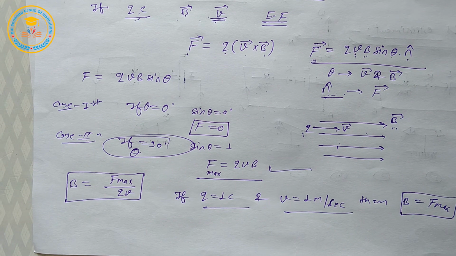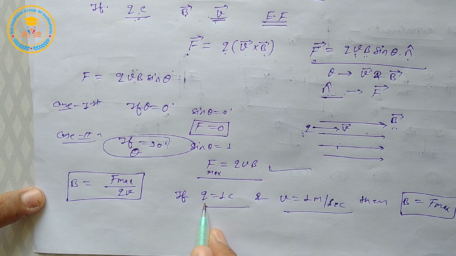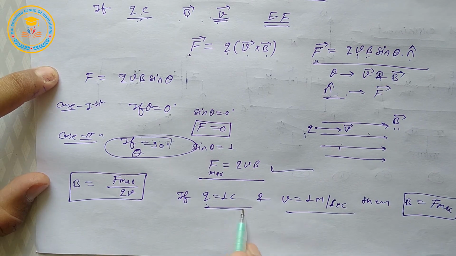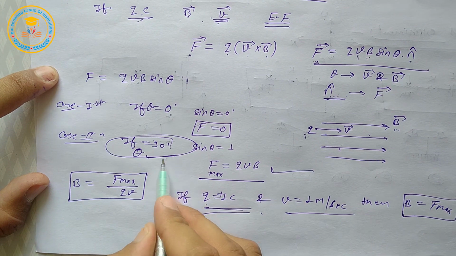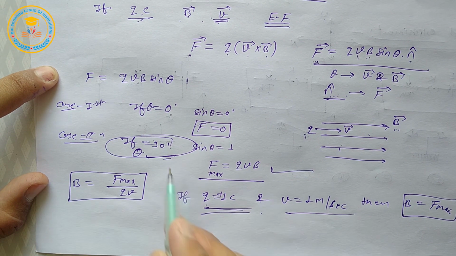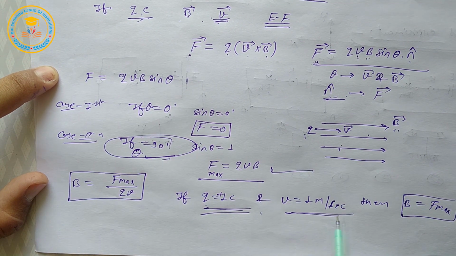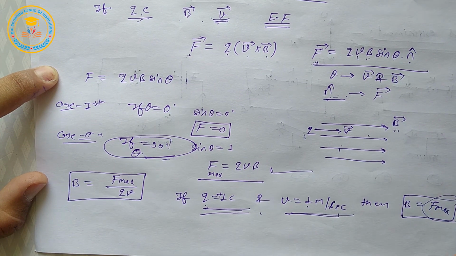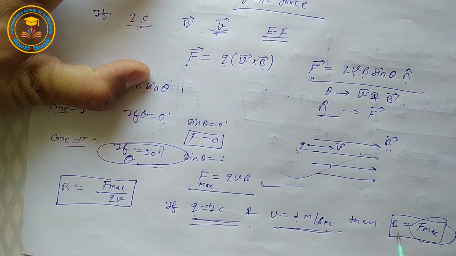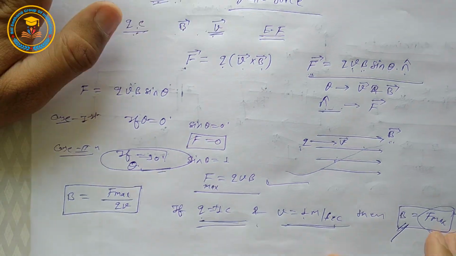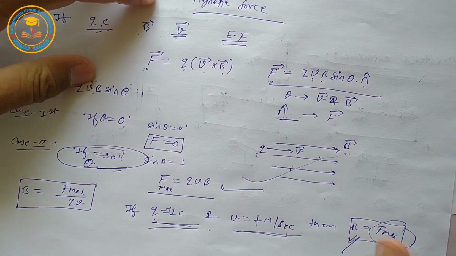So we can say that if a unit positive charge moves perpendicular to the magnetic field with a unit velocity, it means 1 meter per second, then the magnitude of the force acting on the charged particle is equal to the magnetic field. This is another definition of magnetic field.